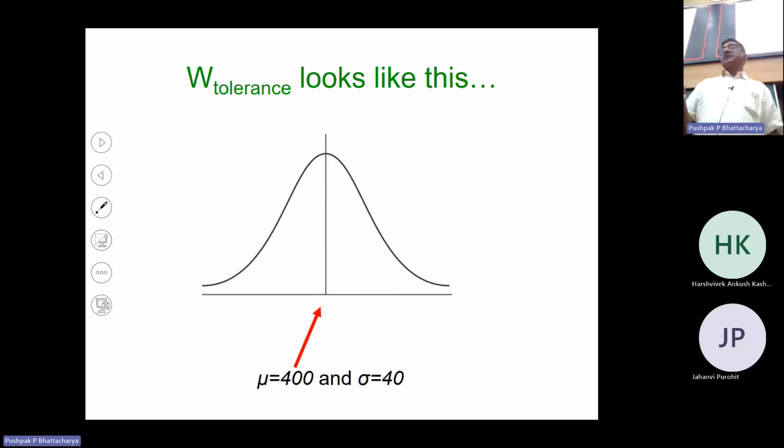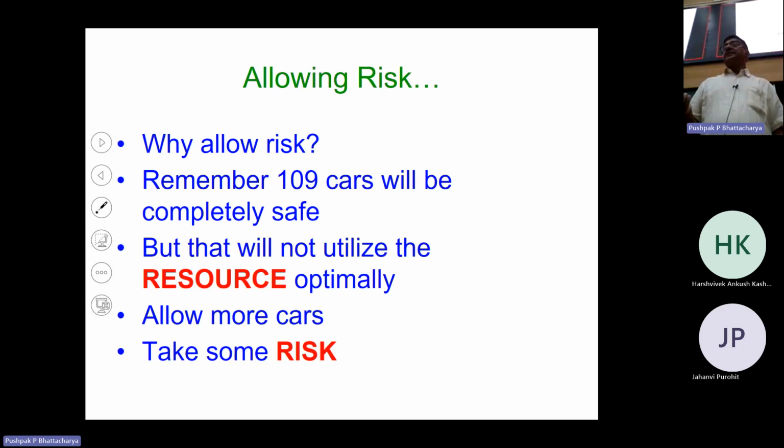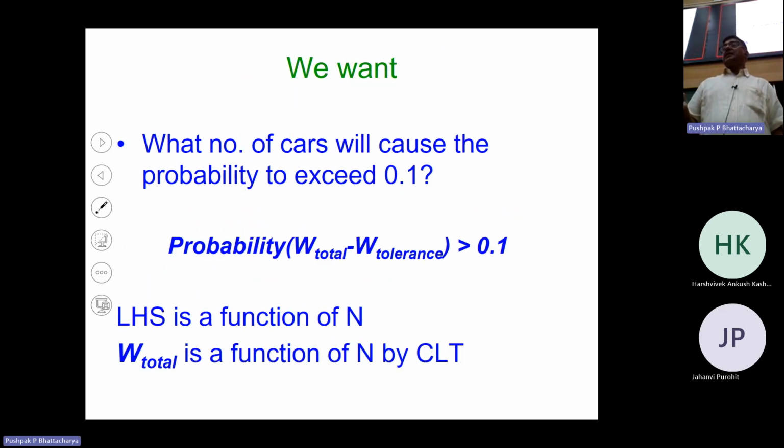So W tolerance looks like this. The bridge is damaged when W total is greater than W tolerance, or W total minus W tolerance should be greater than 0. And the guiding equation is this.